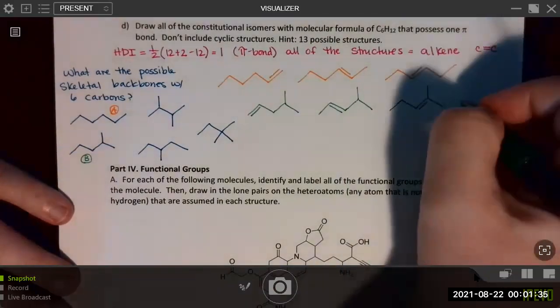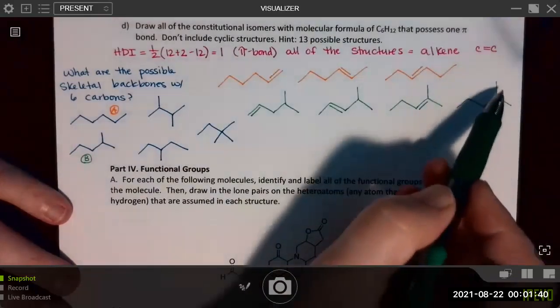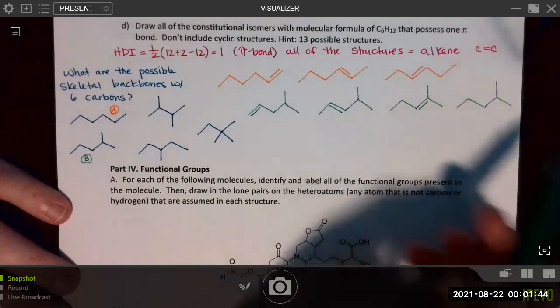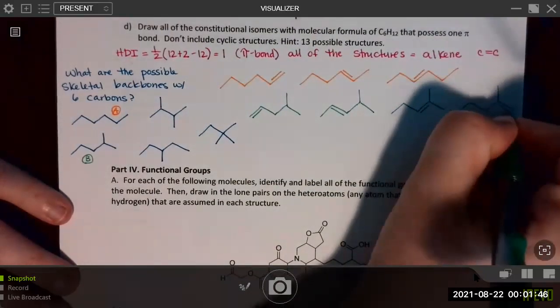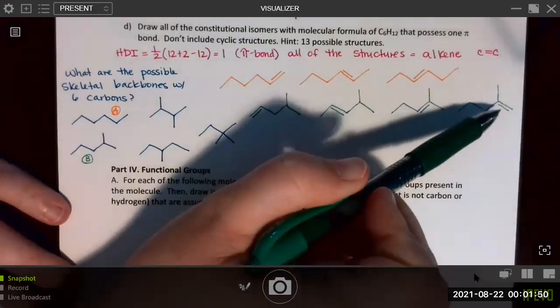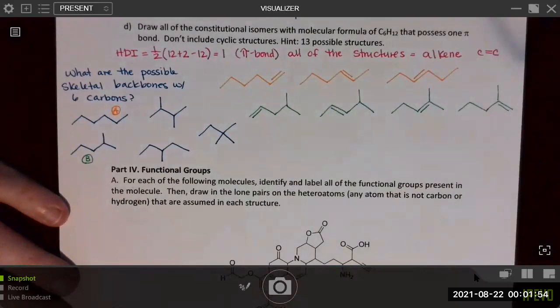And then one more. Maybe you can put the last one here or here. Right? Those would be equivalent. Doesn't matter if it goes here. That would have been the same as putting it here. You just sort of rotate around the bond and it's the same thing. So again, it's really tricky to try not to do the same thing twice. Okay, so only 4 for that one.